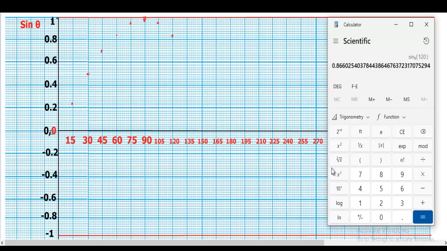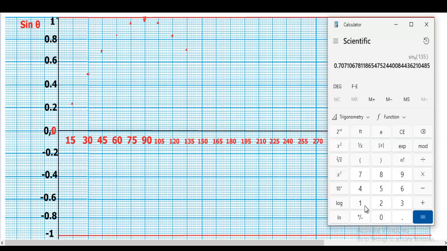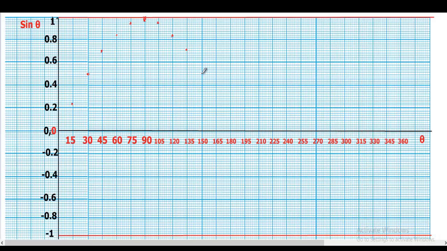Sine 135 would be 0.707 approximately here at this point. Sine 150 would be half, approximately here at this point.